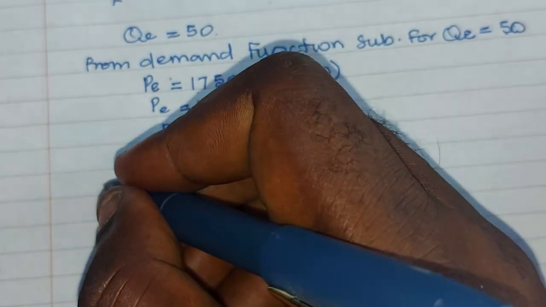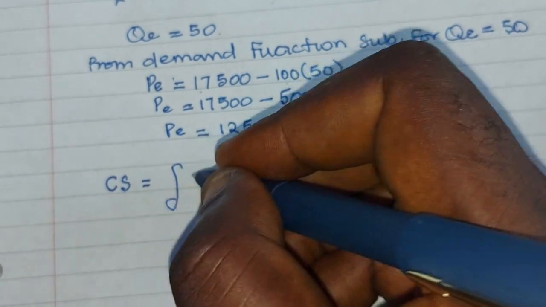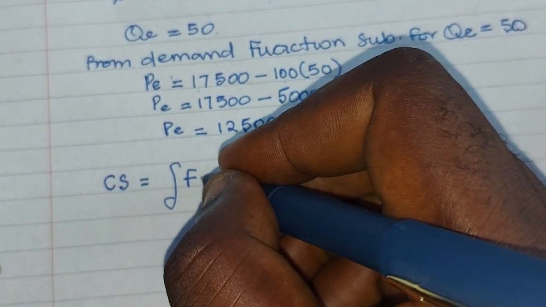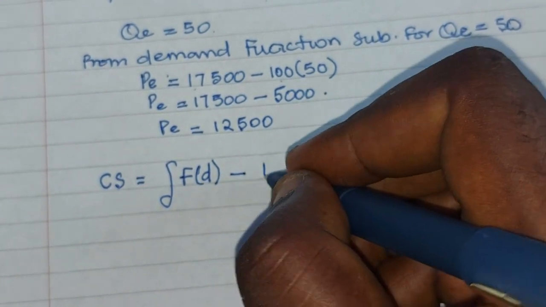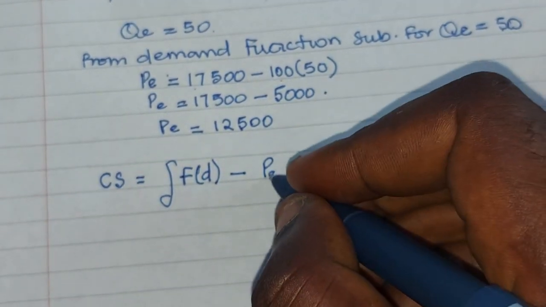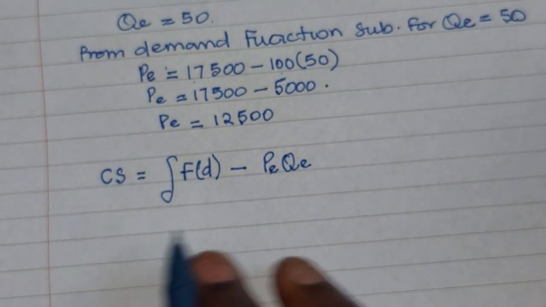Then we can now calculate our consumer surplus, which is the integration of the demand function minus the equilibrium price times the equilibrium quantity. That's the formula.